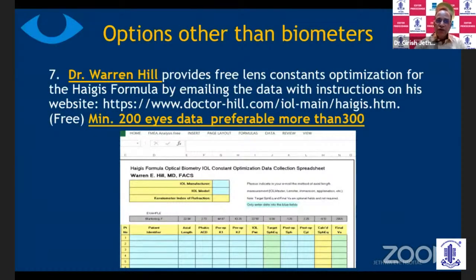But there are a few good optimization softwares and Excel sheets available by Dr. Warren Hill, where you can optimize very easily, and it is also free. Minimum you have to enter the data of 200 eyes and preferably more than 300.